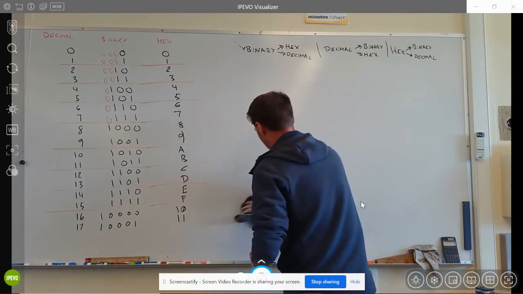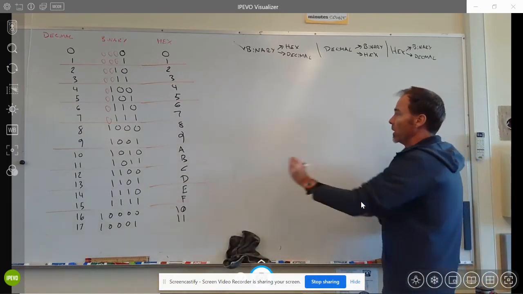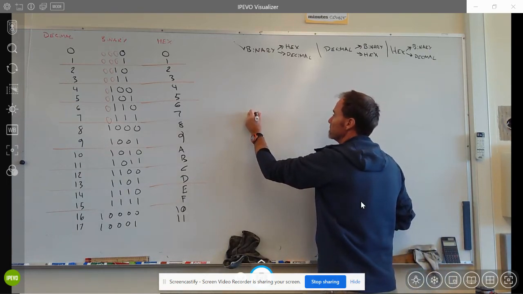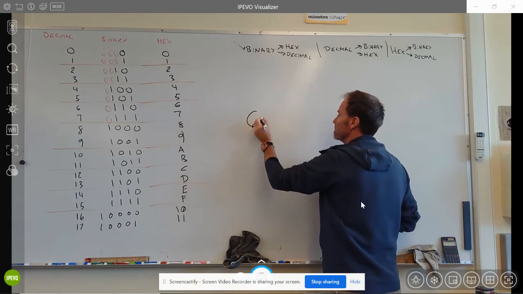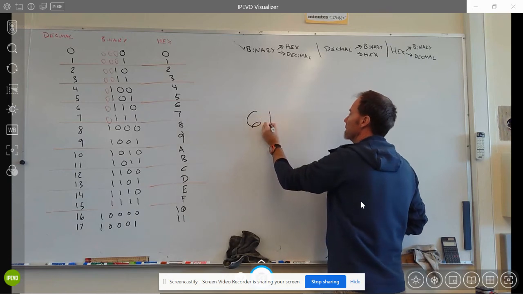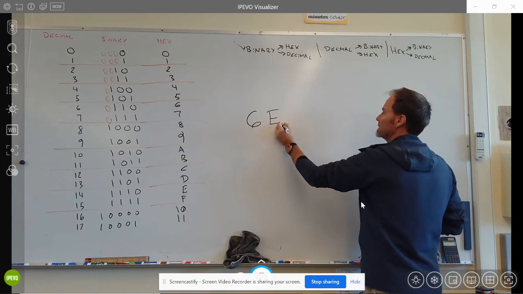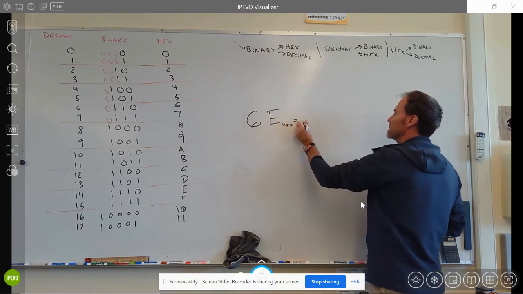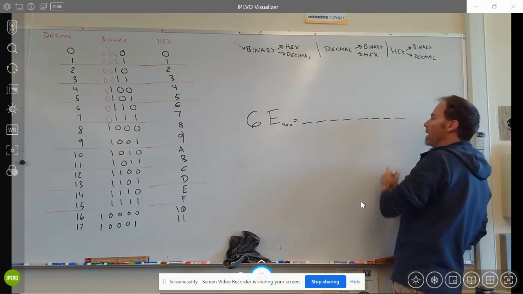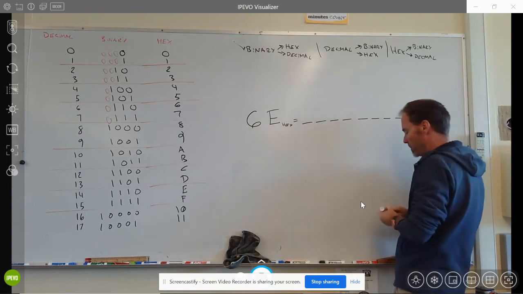So for a final example, I'm going to show you how to turn hex into decimal. So let's go. So 6E in hex. I group it into two groups of 4.